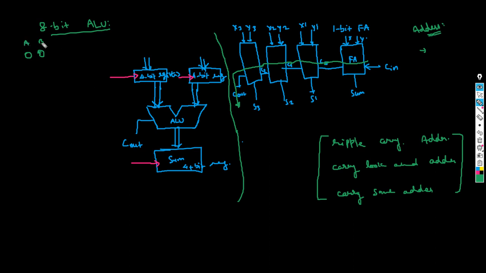When 00 is my input, the ALU should do addition. When it is 0 1, subtraction. Then 1 0, multiplication. And 1 1, shift left.